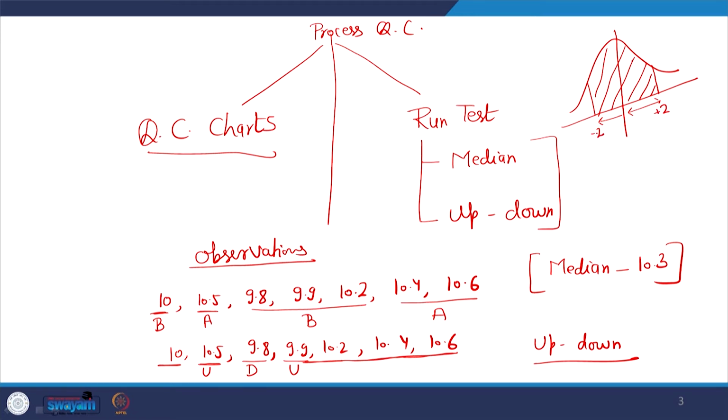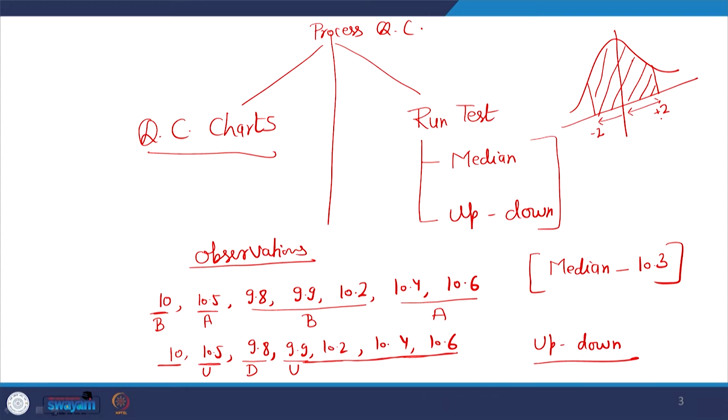So, if the z value which is calculated on the basis of the difference between the actual value of R, R means run, and the expected value of R, if those values give you a z value between minus 2 and plus 2, that will say that our data is not showing any kind of trend.